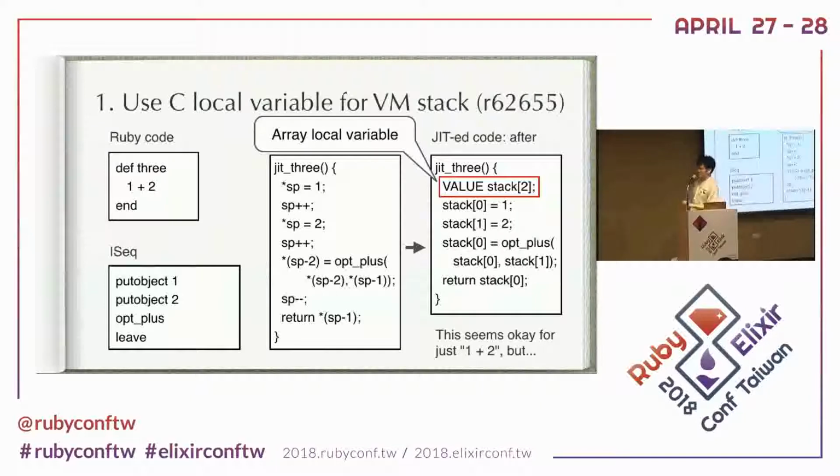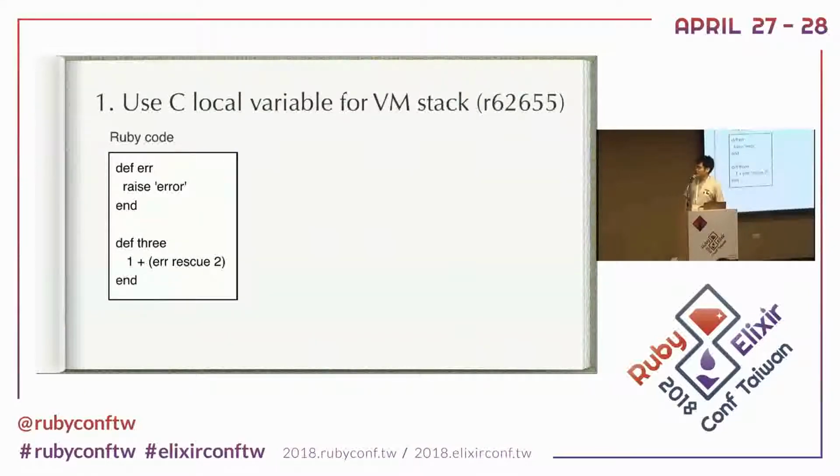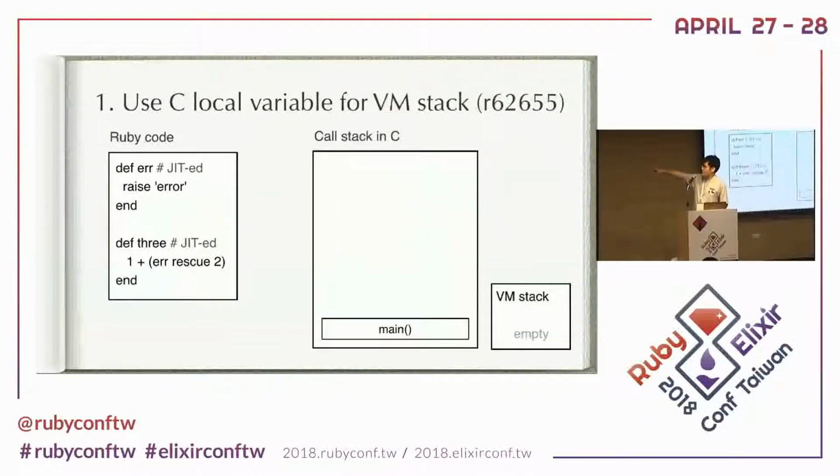But this strategy doesn't work for some complex cases, so I will introduce that situation. This is some complex code, though we may not write it, but it's a simplified situation. If both the caller and the 3 method are JITed, this is the call stack in the C world. C always starts from the main function, and it invokes the RubyVM, and in RubyVM it calls a very important function, setjmp.